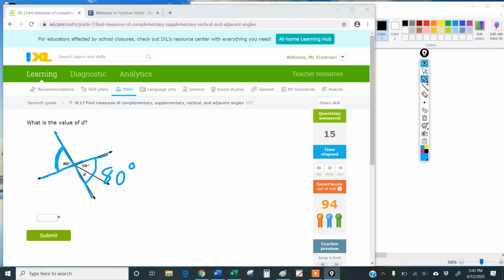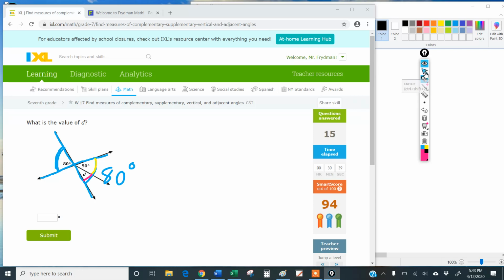Now be careful. I did not say that angle D is 80 degrees. I said that, just to be clear, this 50-degree angle plus angle D must be equal to 80 degrees.